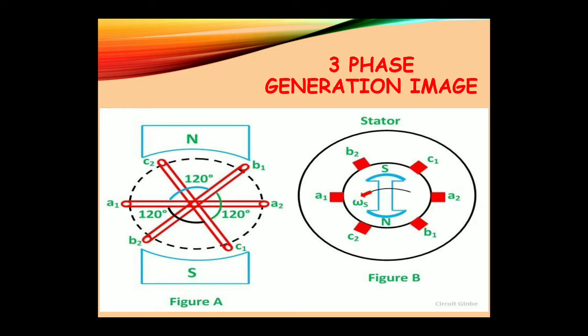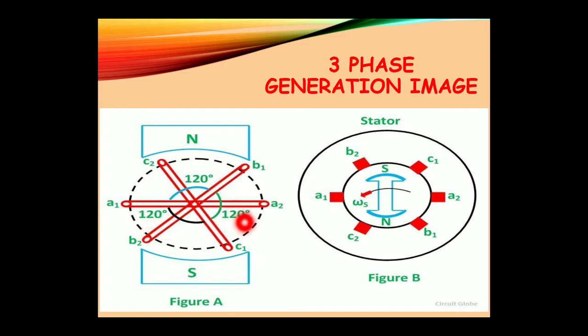So here you can see figure A and figure B. In figure A, the magnetic flux is static and the conductor is rotating in nature. So here you can see this is the north pole and south pole, okay, and the conductor is rotating, so there are three conductors at an angle of 120 degrees from each other, okay.